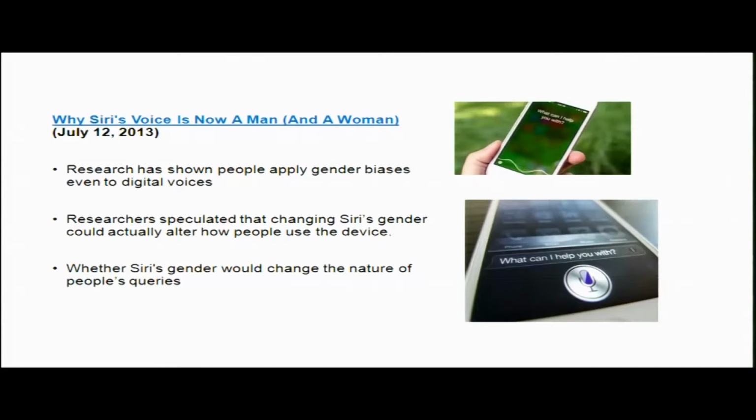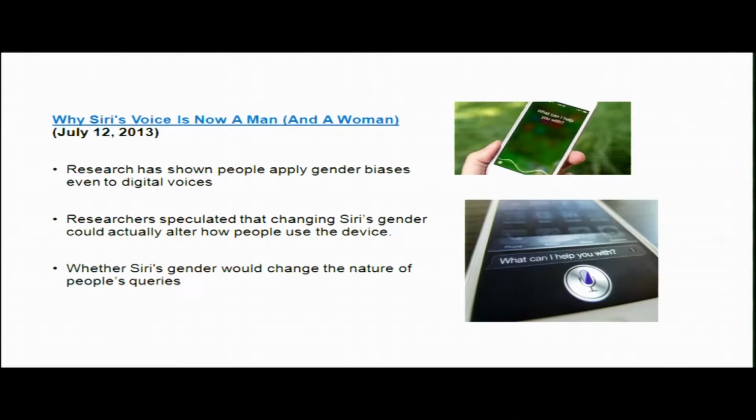Researchers speculated that changing Siri's gender could actually alter how people use the device. As you will read in several of these articles, there has been a lot of speculation about people changing their usage pattern depending on the nature of Siri's voice, whether it's male or female. Whether Siri's gender would change the nature of people's queries is something that is yet to be researched.